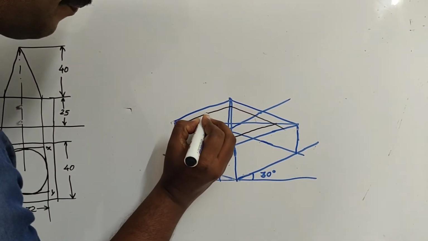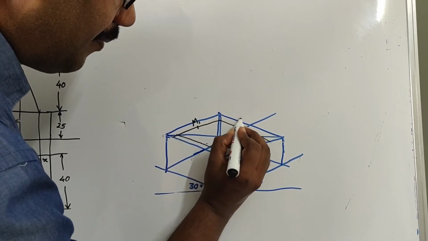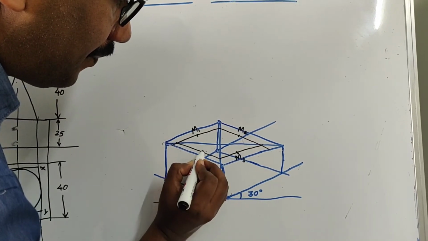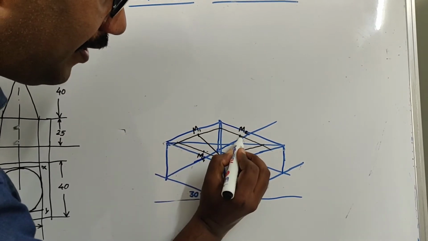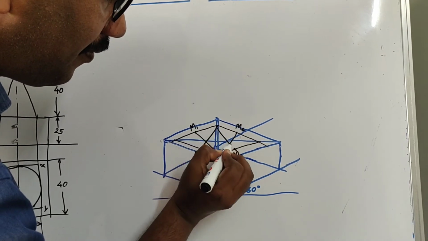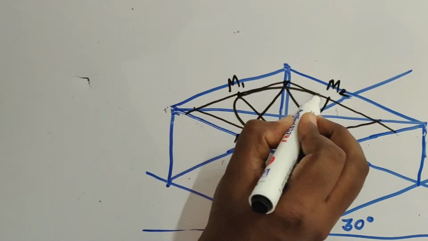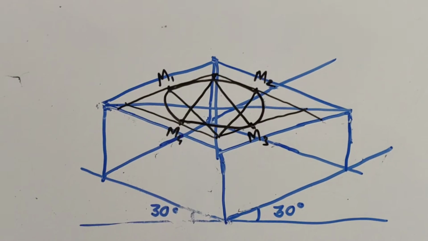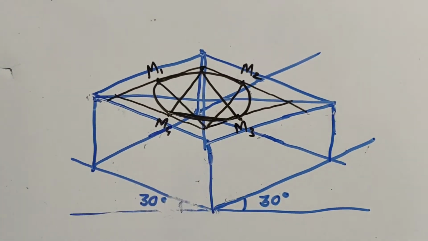So we can have this as M1, M2, M3 and M4. Using this, you will find out the 4 centers through which you have to draw. So now you got the base of the cone.